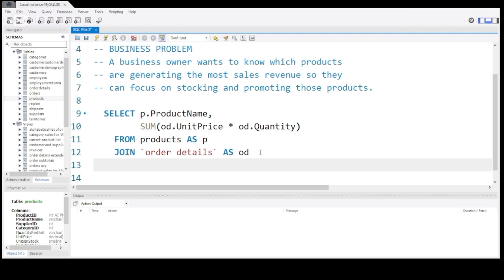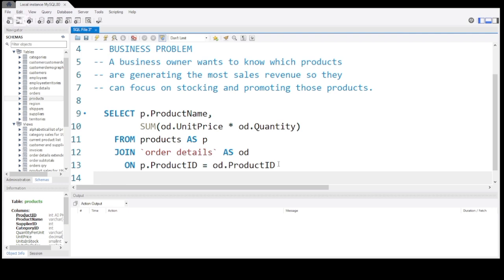So join on P dot product ID, where P is what we renamed product to, which equals the product ID in the OD table, which is the order details table.